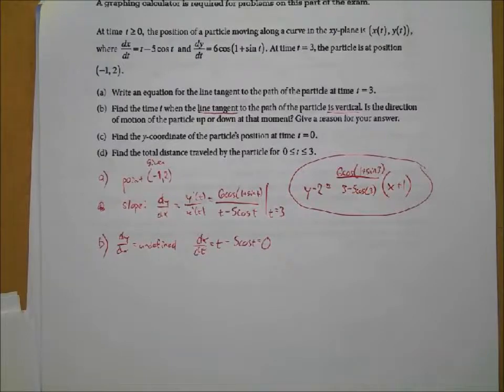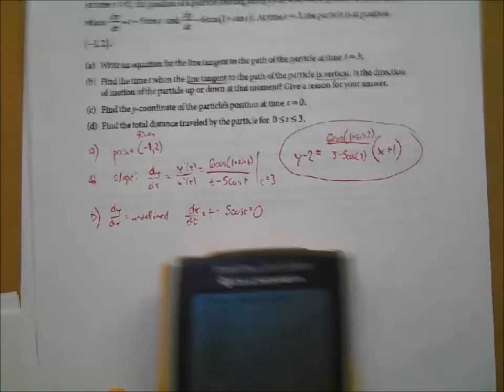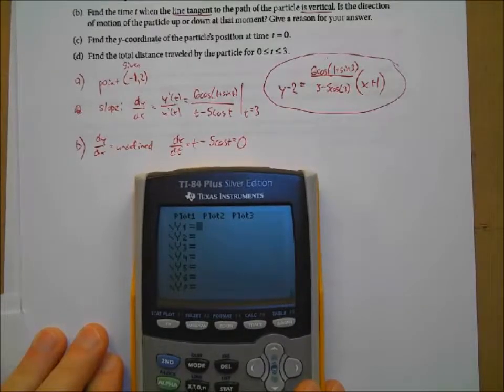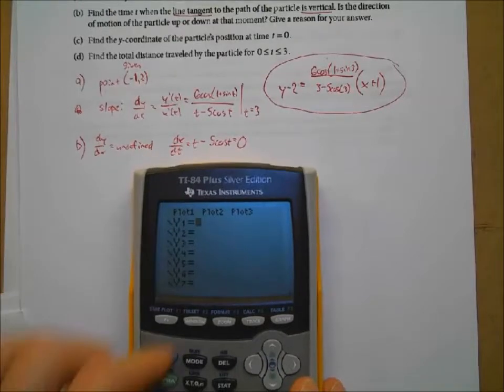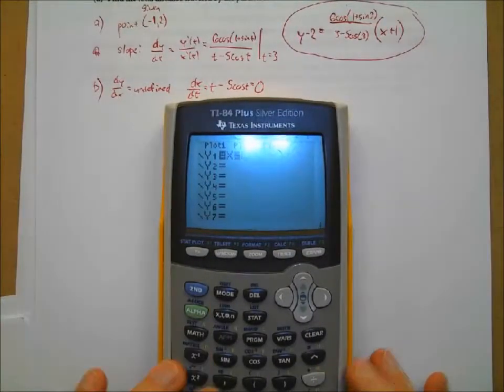All right. So to figure this out, it's going to be helpful if we are in rectangular, I would say. I don't think we want to graph this in parametric. So I'm switched back to function here, like so. x minus 5 cosine x.